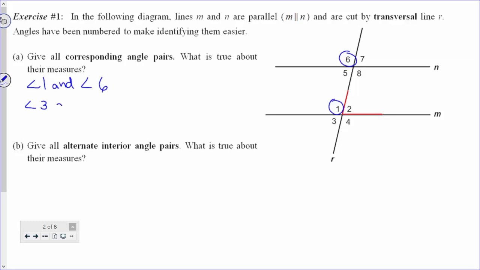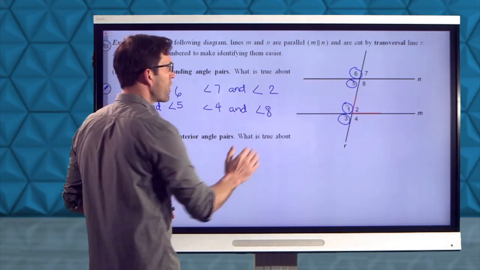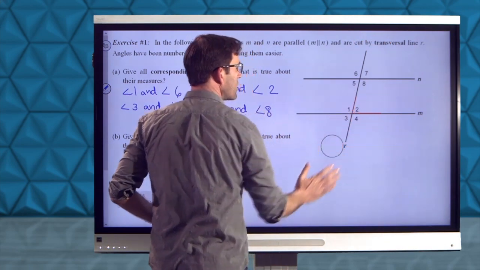Angle 3 and angle 5 correspond, these two. Angle 7 and angle 2, and angle 4 and angle 8. All right, I'm going to just kind of erase these really quick.